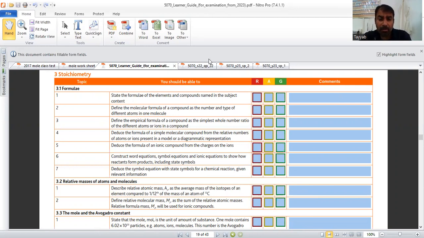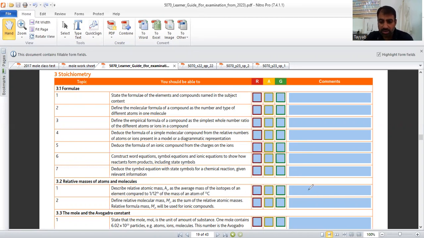I used to say carbon is a reference element, a reference balance for the elements to measure the mass of the elements. So if we want to define relative atomic mass, it is the mass of an atom which is compared with 1/12th the mass of a carbon-12 isotope.